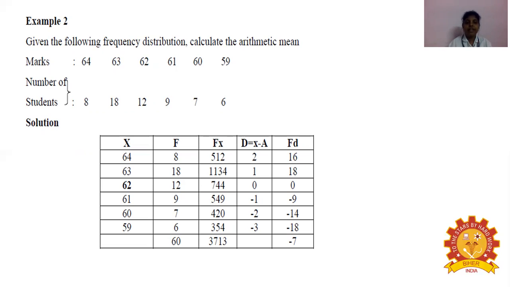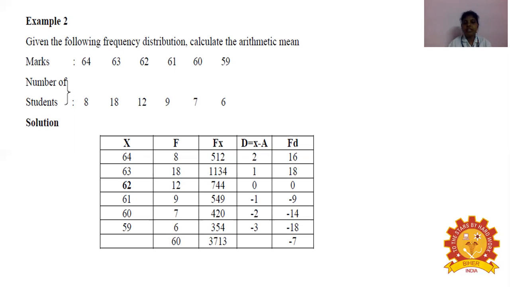Next, 9 into 61 equal to 549. Next 7 into 60 equal to 420. Last one is 6 into 59 equal to 354. Now find the summation fx value, that is adding all the values of the fx column, 3713.